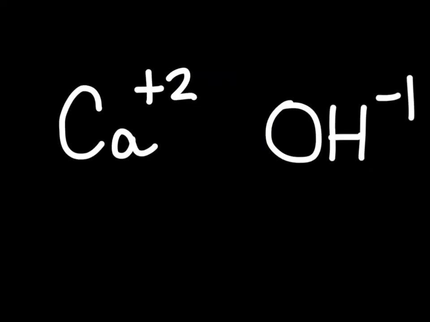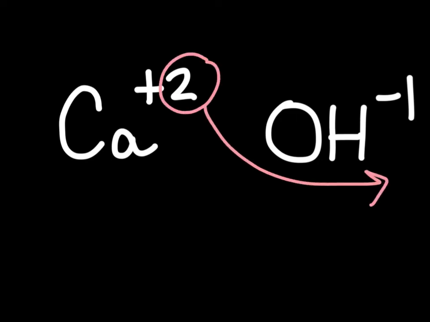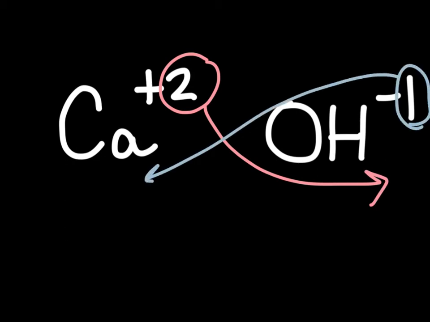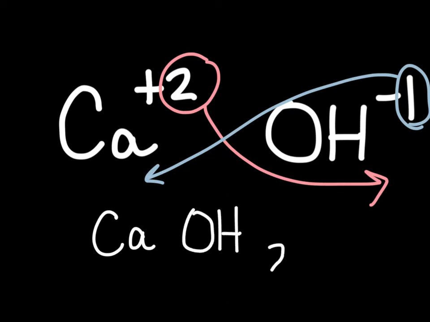This example includes a polyatomic ion. OH-1 is hydroxide. We're going to solve the problem just like we've been doing. So I move the 2 from my calcium over to hydroxide, and I move the 1 from hydroxide over to calcium. And when I write my formula, I write calcium with no subscript because remember I don't write 1's, and then I write hydroxide and my 2 as a subscript.